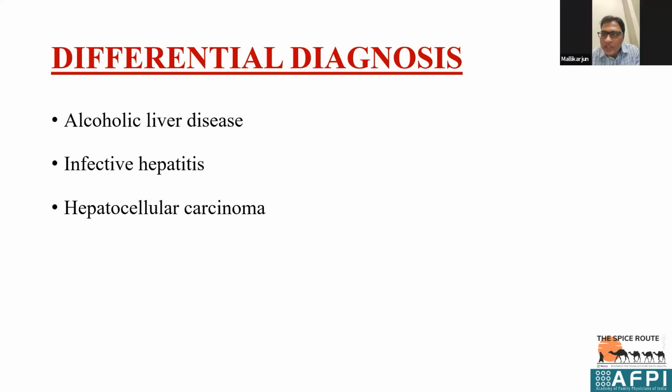That is not indicative of any infection. So you cannot keep a diagnosis of infective hepatitis based on your history. There is nothing from the history to say that there is hepatitis, first of all. Second, infection, nothing is there.